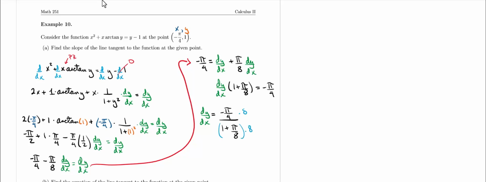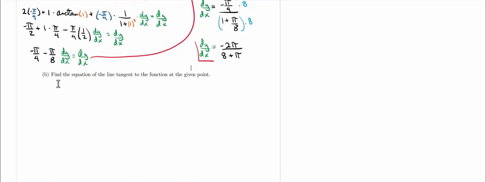So I'm going to multiply everything by 8, which will give us our final result: dy/dx is equal to negative 2 pi divided by 8 plus pi. And there we go. Now we have the slope at the point negative pi over 4, comma 1. All right, excellent review of implicit differentiation.